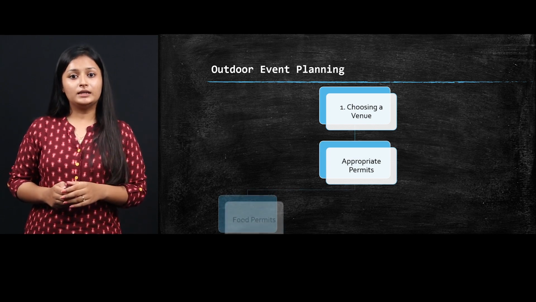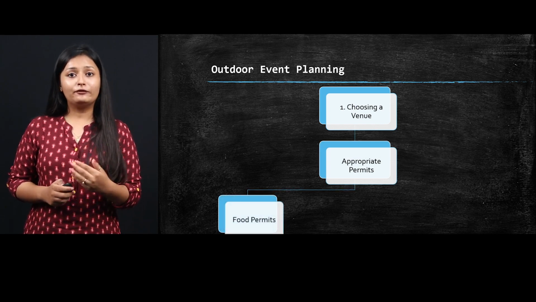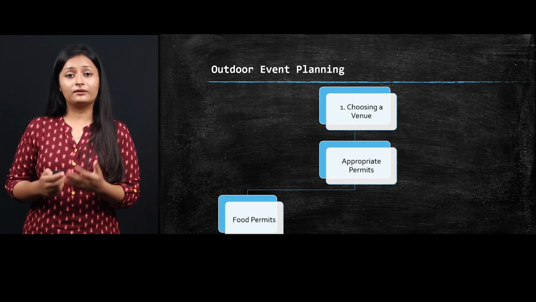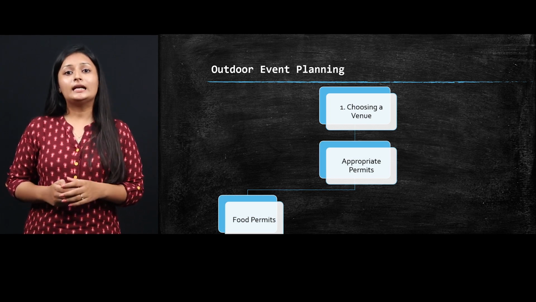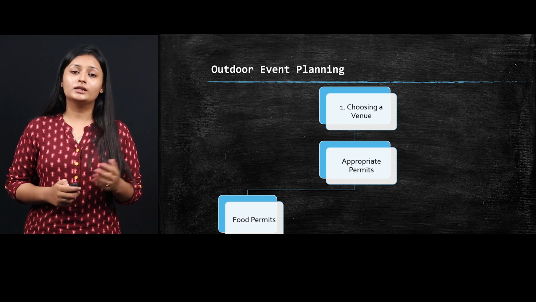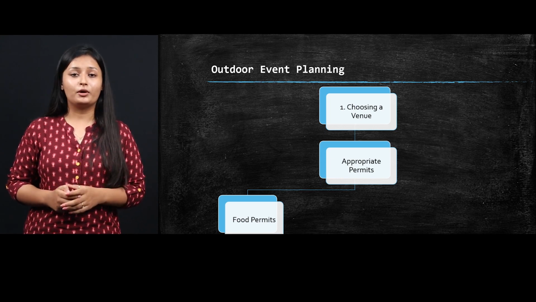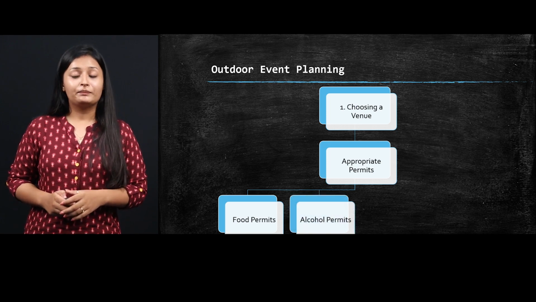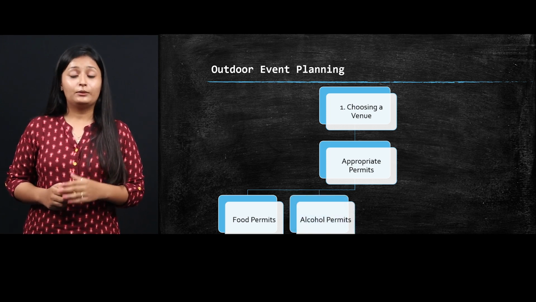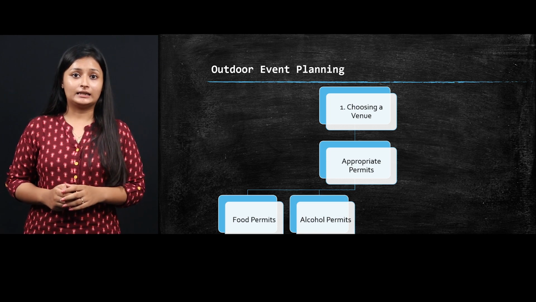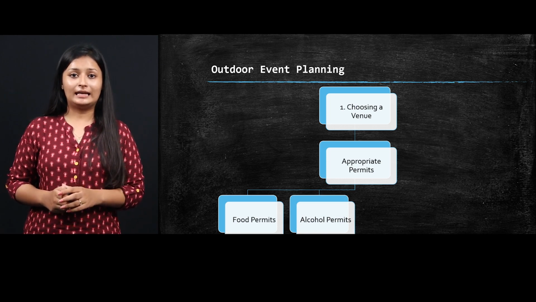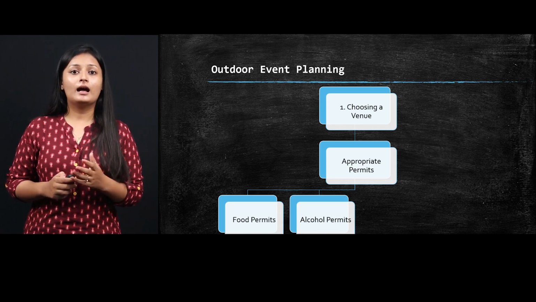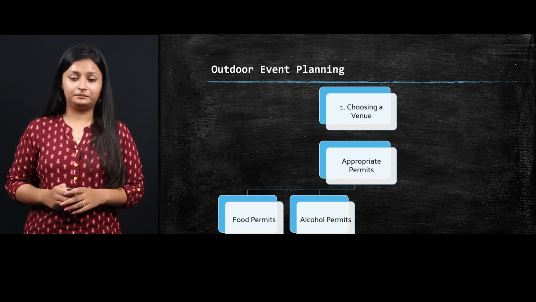The following permits are needed. The food permit: if you are serving any food, giveaways or any consumable product, or if you have stalls involved in your event, it is very important that you take the food permit. The next permit is the alcohol permit. Depending upon the nature of the event and the venue and location you have selected, you need to take permits for serving alcohol.